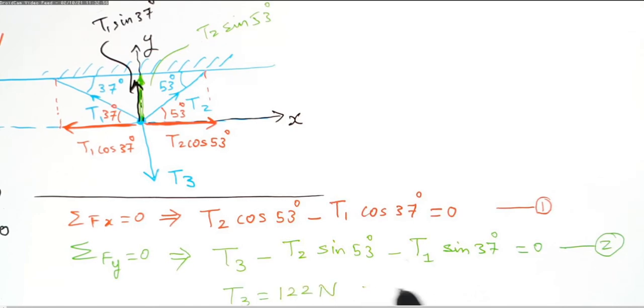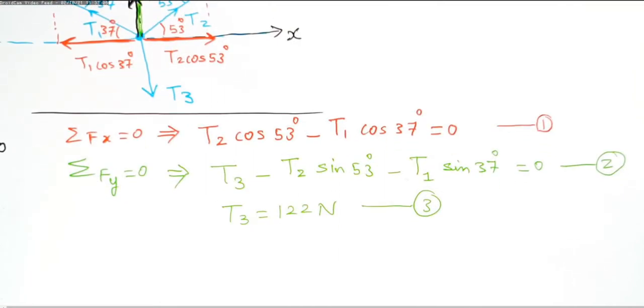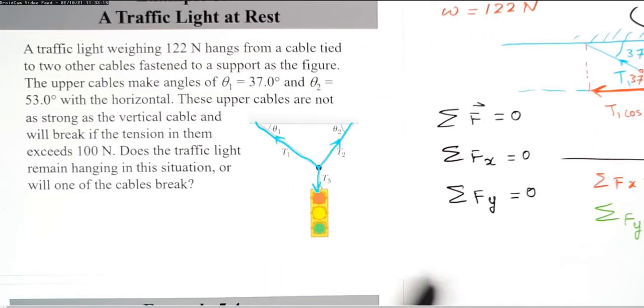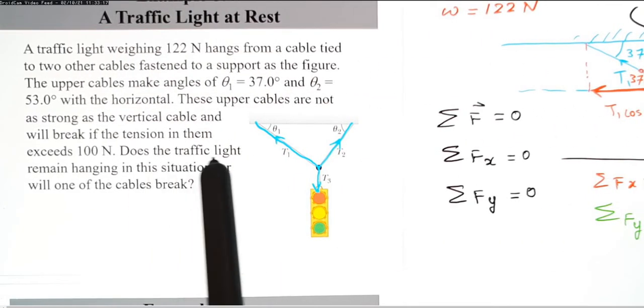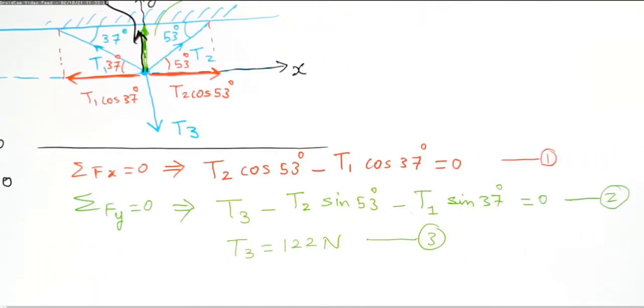You can assume that is equation 3. So will the traffic light remain hanging in this situation, or will it break? He needs us to calculate T1 and T2.